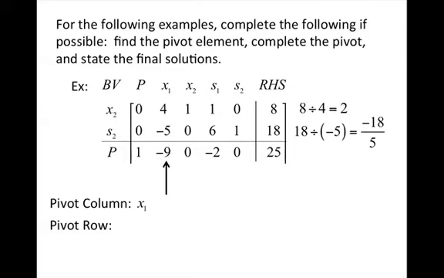So since -18/5 is negative, it's not going to be a possibility for my pivot row. So the only positive value that I have is the 2, which is row 1. So row 1 is going to be my pivot row. Now the pivot element is the number that's in the pivot row and the pivot column, and this time it's the 4.